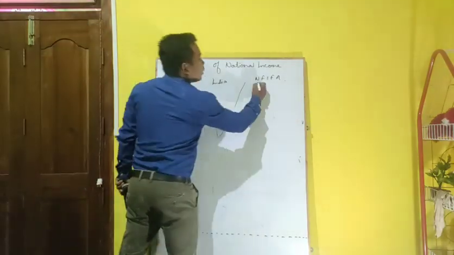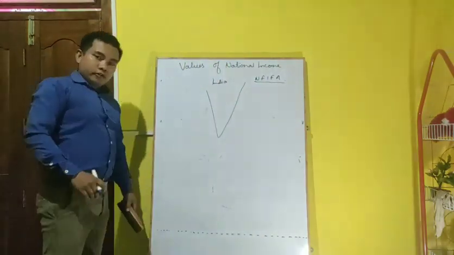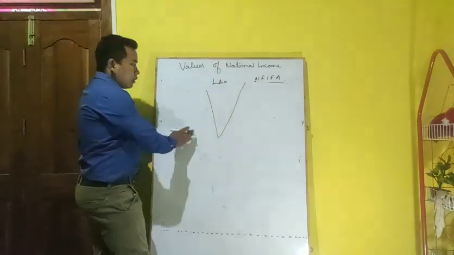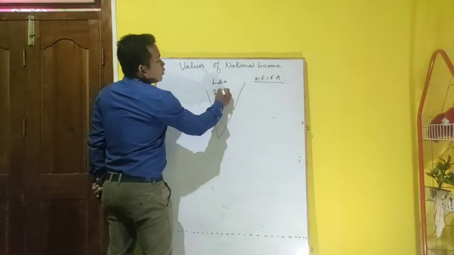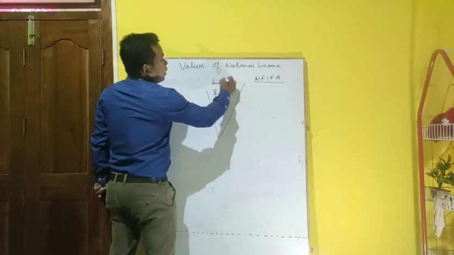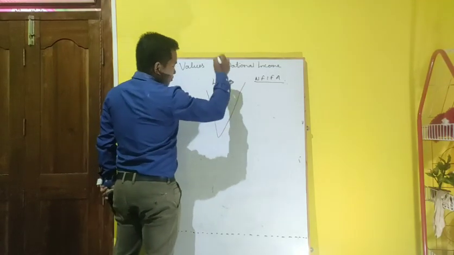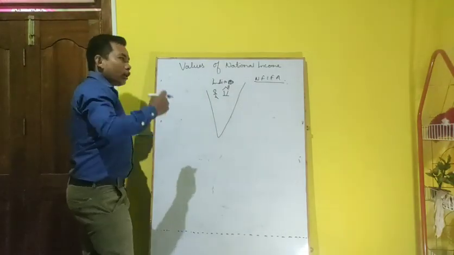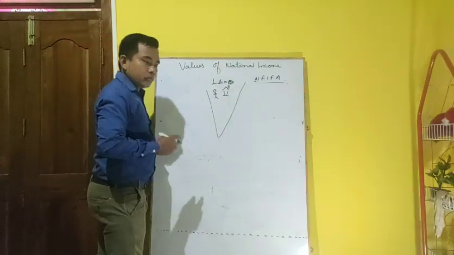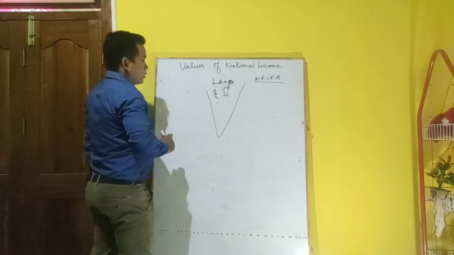So I'm trying to make you understand what we mean by NFIFA. First of all, let's assume that lots of people are working inside India, lots of companies are operating in India, and we are making national products in our country, we are producing services in the country, thereby increasing the national income. But, hold a moment.